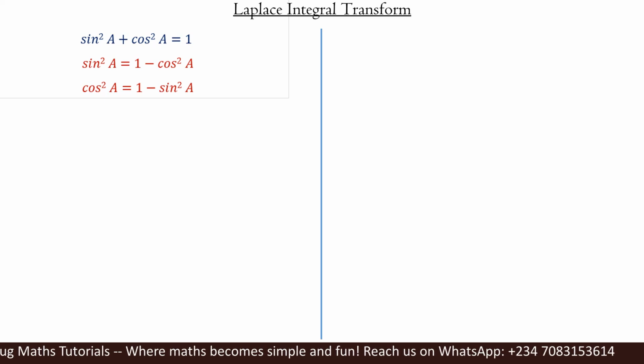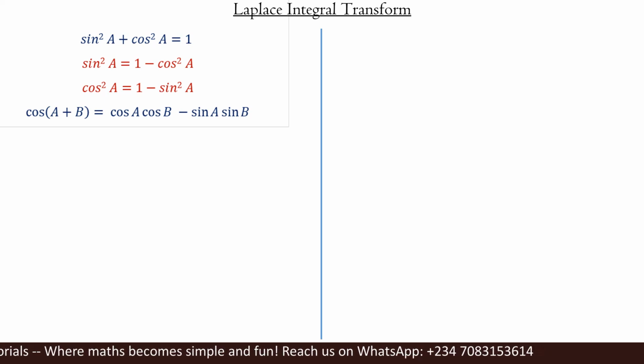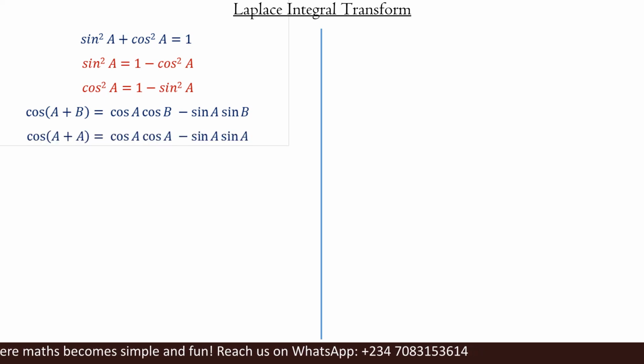You remember this trigonometric relation that says cos of A plus B is equal to cos A cos B minus sin A sin B. Are you aware of this? Good. Now, what if you have cos of A plus A? That means in place of B, we have A now.